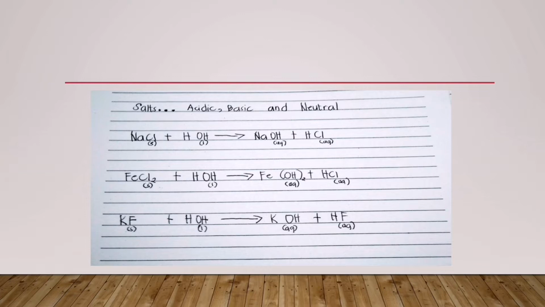And if you still remember my previous discussion about the neutralization reaction, this is how it will work. We have here the sodium and the hydroxide coming together, and the chloride and the hydrogen coming together; the iron and the hydroxide, the chloride and the hydrogen; and the potassium and the hydroxide, and the fluorine and the hydrogen.